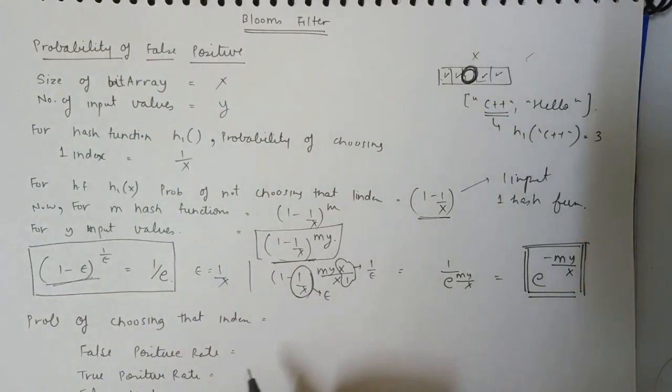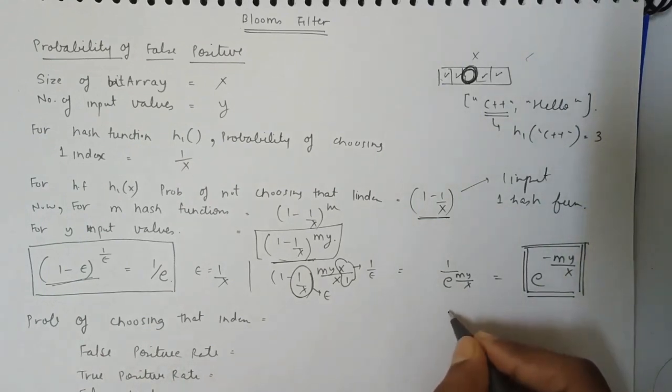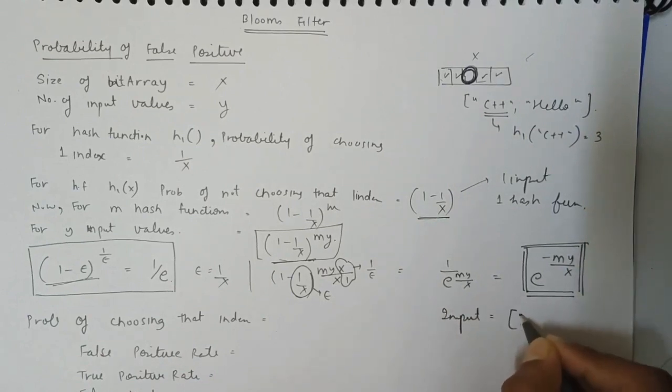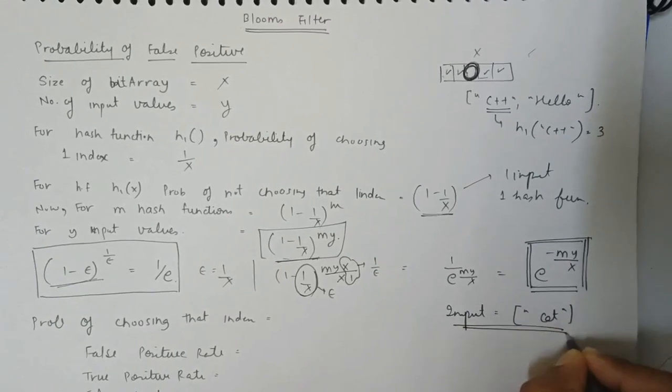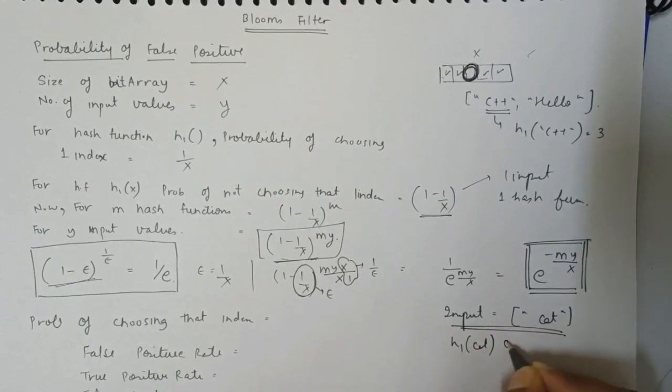Now we need to calculate the false positive rate. What it means is that if we are given an input, suppose again cat, what is the probability that it would be chosen, which means that h1 of cat and h2 of cat till hk of cat are all 1?